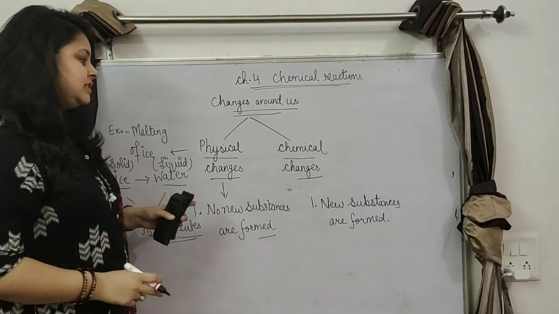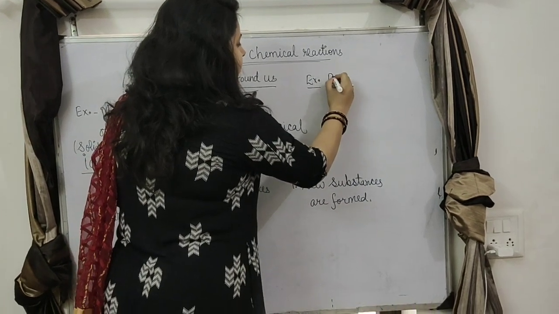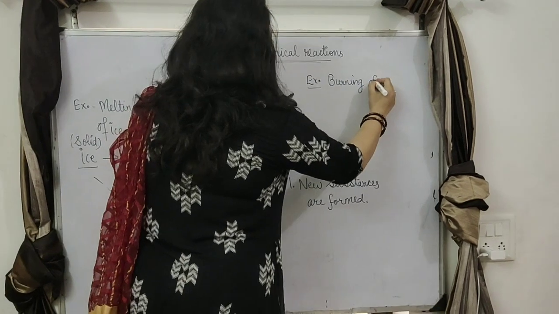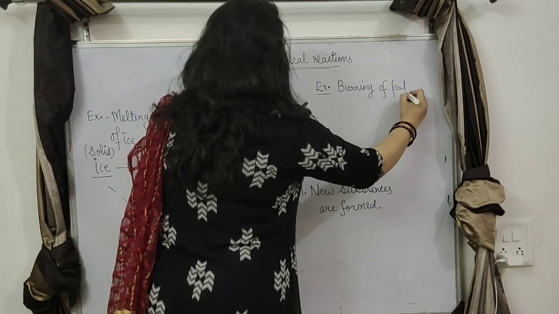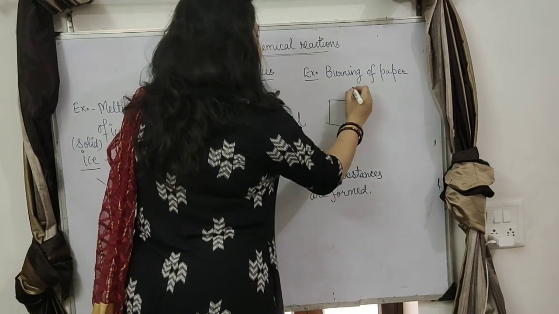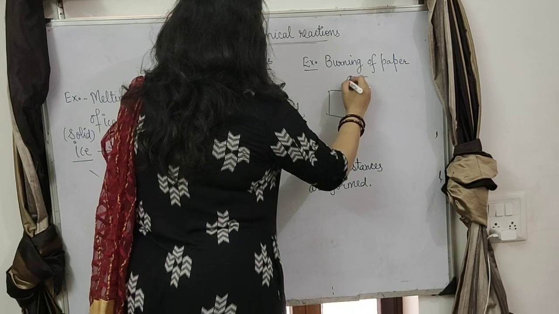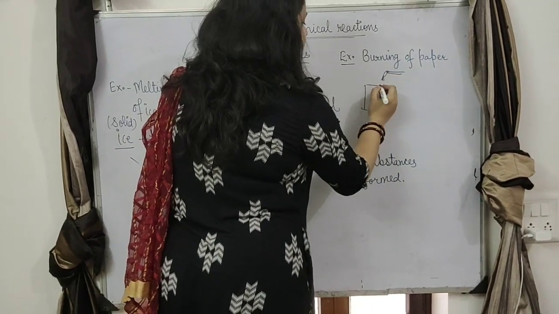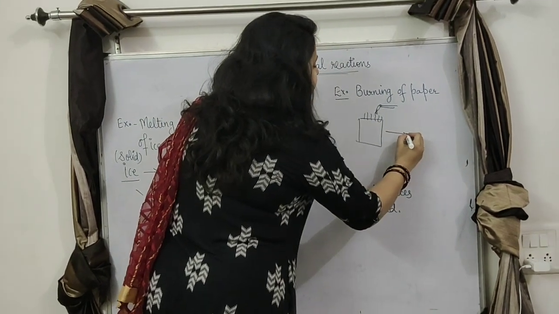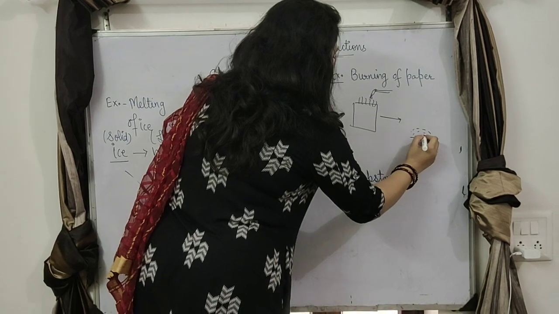Whereas in chemical changes, for example, we take burning of paper. First, we are having paper, and then we have to enlighten it. It starts burning, and after burning, it leaves its what? Ash.